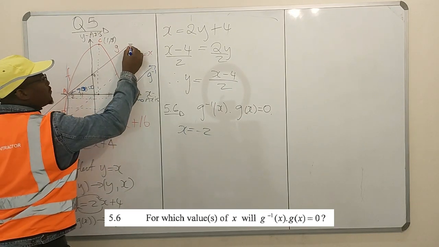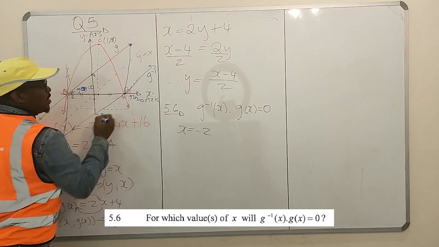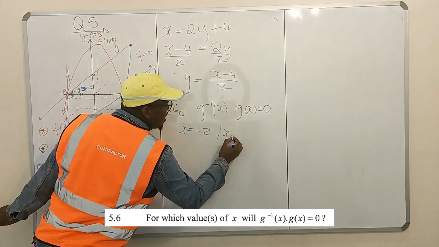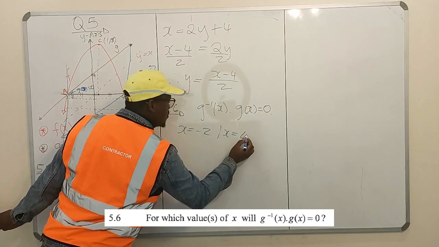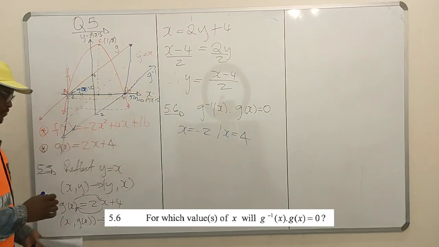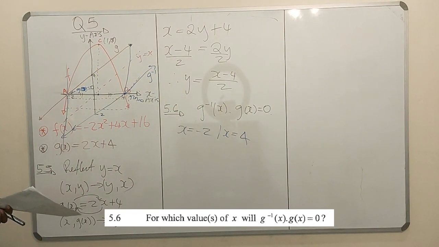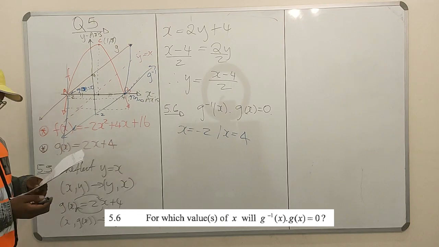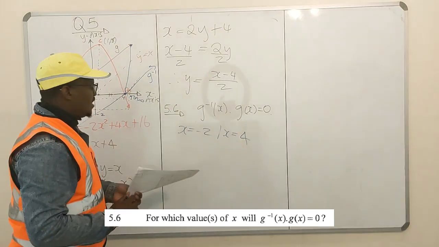But the product of this value here and this value here will be 0. So we'll also observe this at x equal to 4. We're done with 5.6. We move to the next one, 5.7.